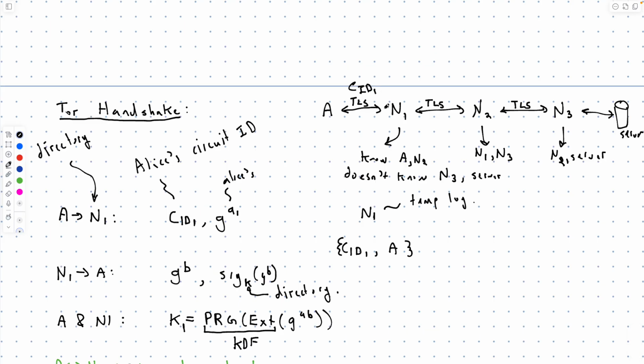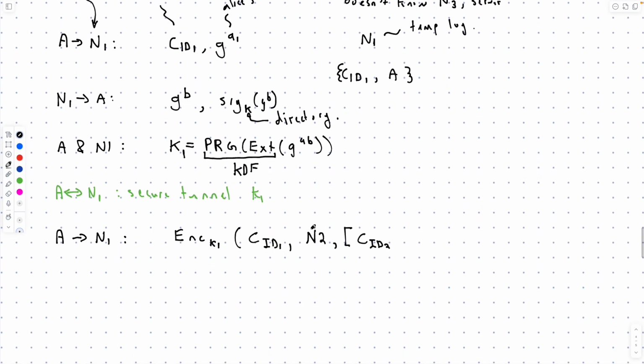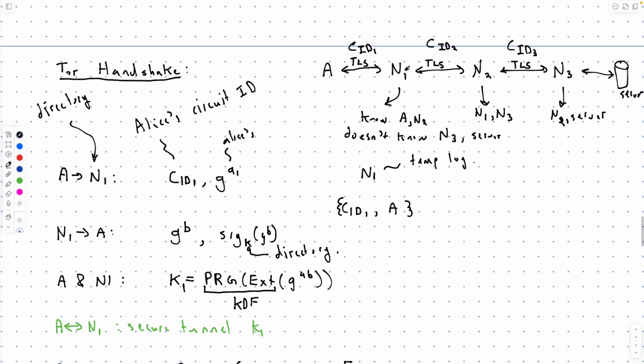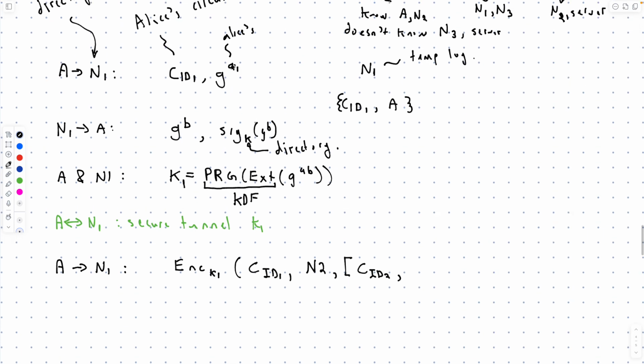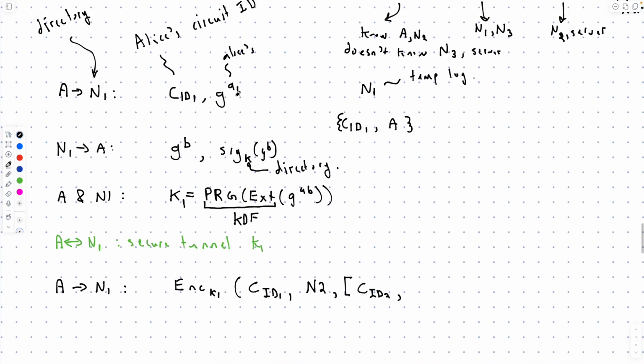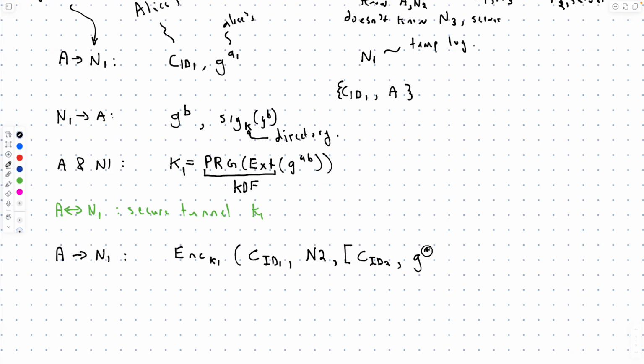I'll have a circuit ID for the traffic between me and N2, and eventually one for the traffic between me and N3. So I'm saying go to N2, tell N2 that the circuit ID between N1 and N2 is circuit ID 2, and I want to do Diffie-Hellman with node 2. So this is the G to the A that I'm going to choose to do Diffie-Hellman with node 2.